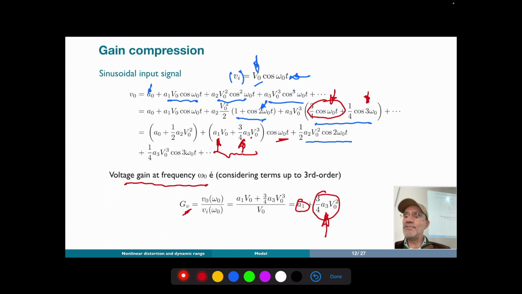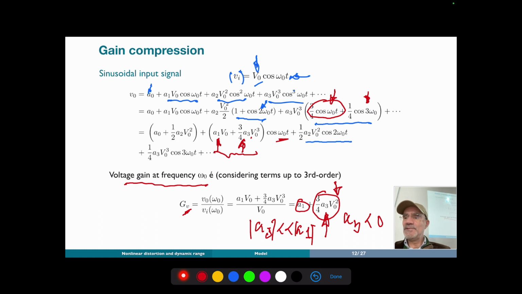And usually A3 is negative, which means that as we increase the amplitude of the signal, this term starts to be more significant, because usually A3 is much smaller than A1 in magnitude. And so for small values of the amplitude, the second term is usually small, but as we increase the amplitude, the second term starts to become significant and starts to deviate from the straight line.